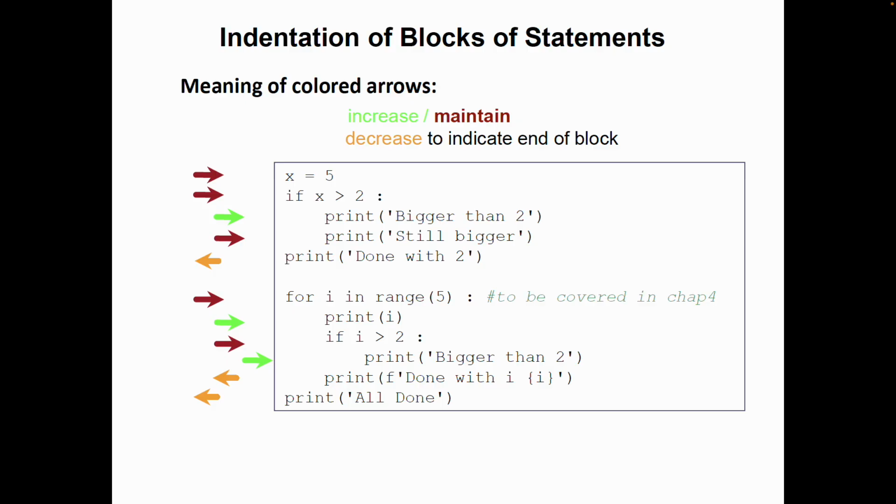So that I know that, okay, this belongs to an if statement, but these code blocks that are vertically aligned, they all belong to this for loop. And then I understand, okay, this print all done does not belong to this for statement because it's also vertically aligned with those lines. So again, this indentation of the statements changes the meaning of your code.